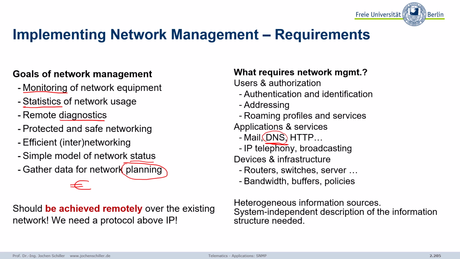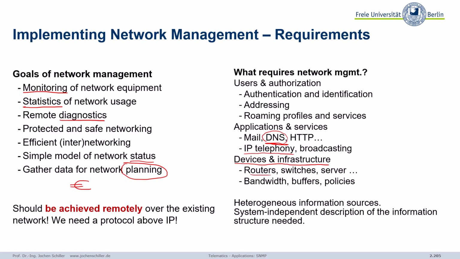Telephony, for example, is also something we need for network managers. They call each other to find out what's going on. But because it's IP telephony, we better make sure that it really runs. So there are many devices and parts of the infrastructure that require network management.